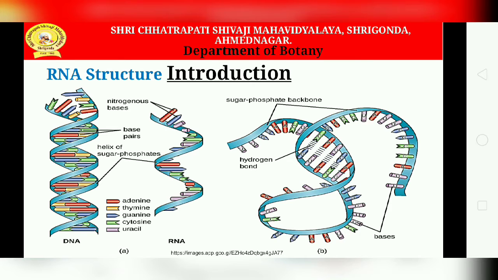In the structure you can see the DNA is typically double stranded, whereas the RNA is typically single stranded. Although it is single stranded, RNA can fold upon itself, with the folds stabilized by short areas of complementary base pairing within the molecule, forming a three-dimensional structure.